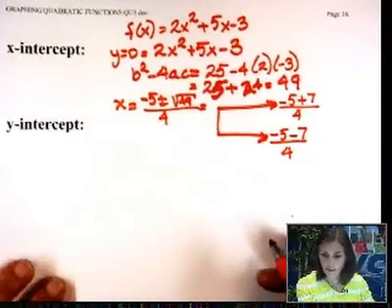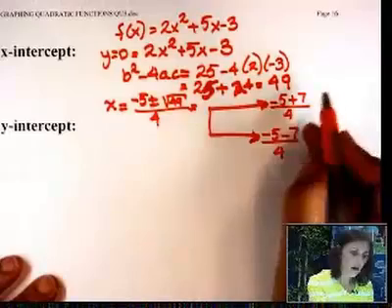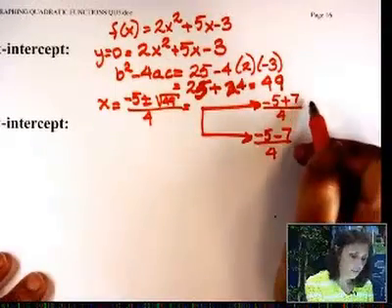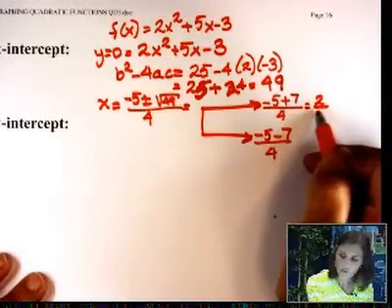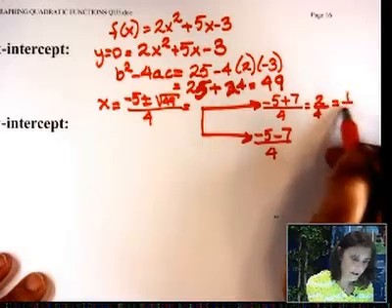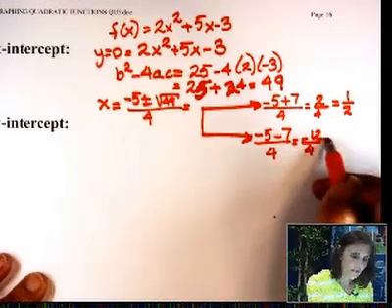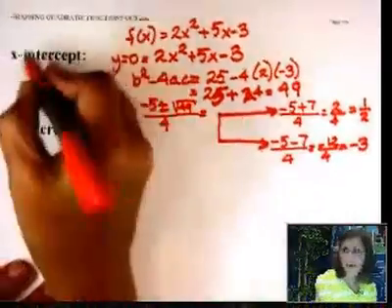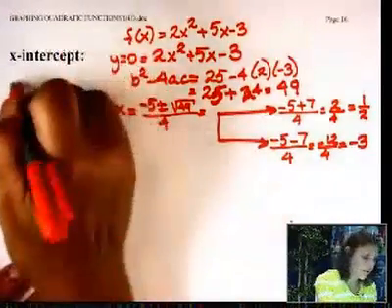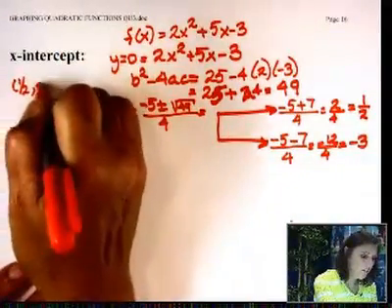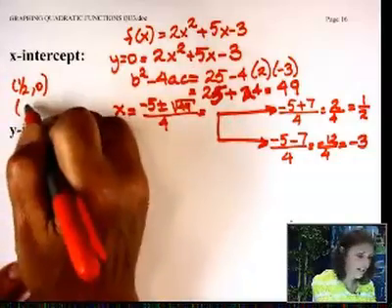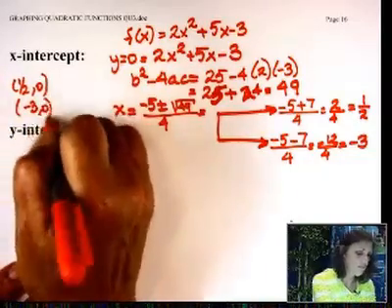That's going to give me 2 over 4, which is 1/2, and negative 12 over 4, which is negative 3. Okay, my x-intercepts are at 1/2, 0, and negative 3, 0.